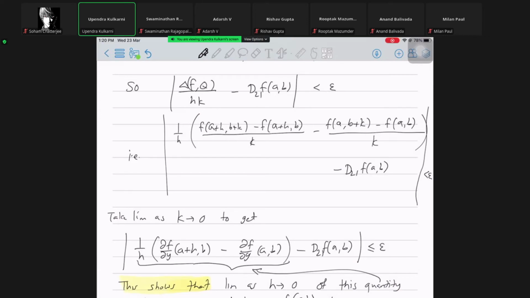But what does it mean to say that the function del f by del y has a derivative at the point a comma b? The limit exists. There is a derivative in the x direction at the point a comma b. What does it mean to say that?